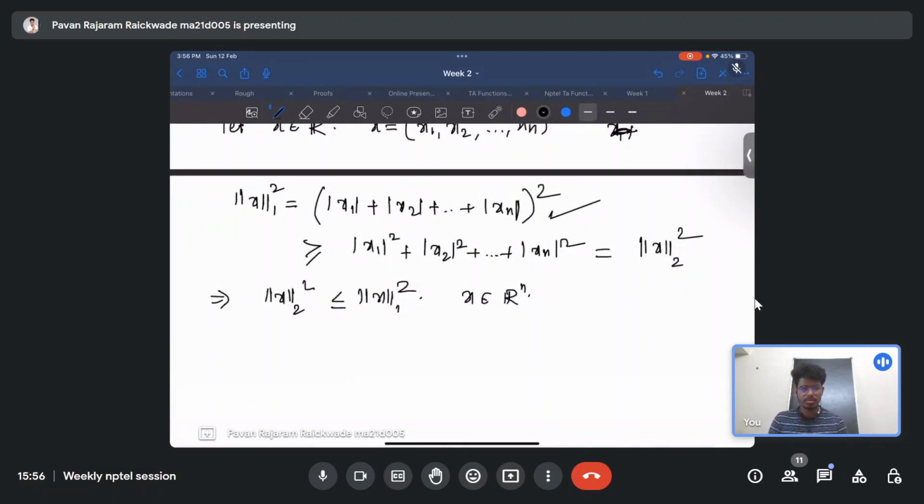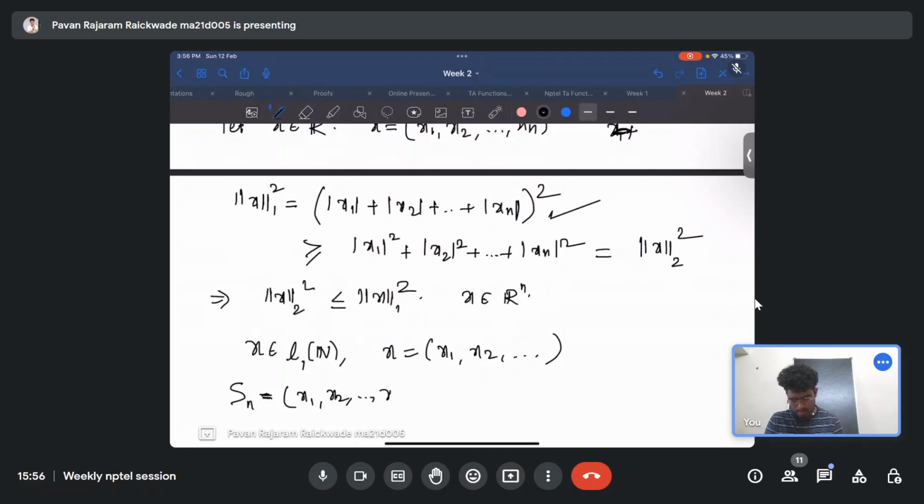For infinite dimensional cases also, since it is true for every finite dimension n, you take any x belonging to, suppose, L1 of natural numbers, which means it's an infinite sequence. You define Sn, the truncation of x.